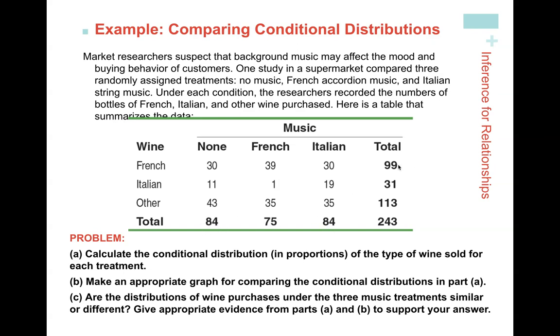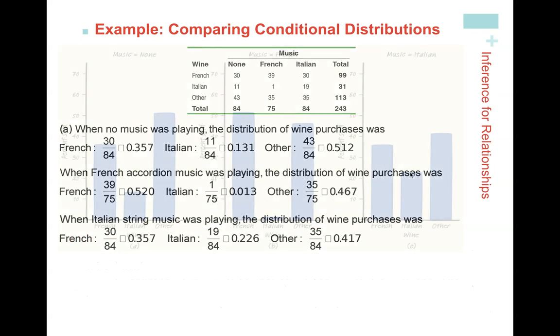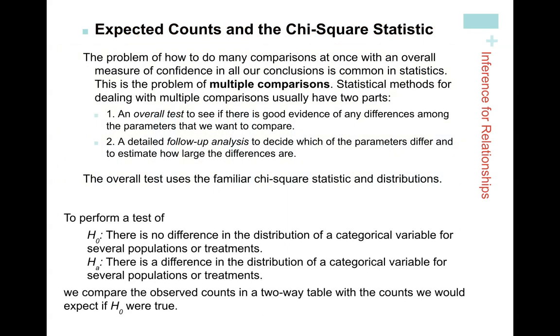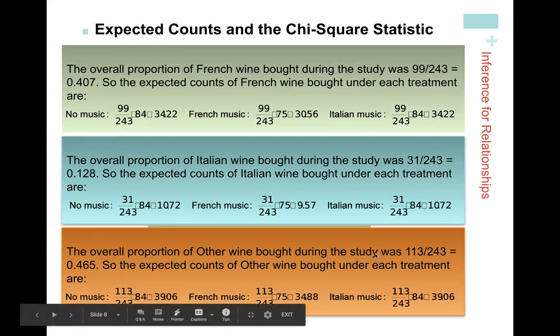So you're going to do row total divided by total, and then multiply that by the column total. And then you're going to do that for all three of these marginal distributions.